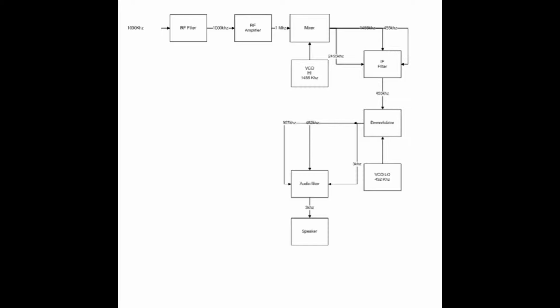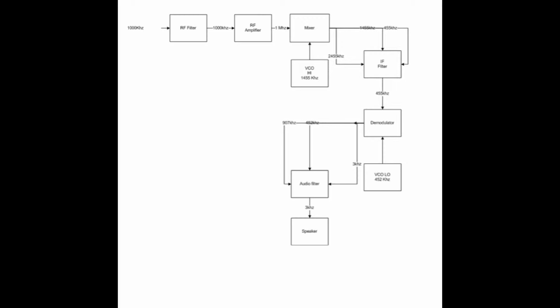As we receive it at the RF filter, it is then fed to the RF amplifier to amplify the signal. After that, it is fed to the mixer, where it is mixed with the VCO high oscillator at 1455 kilohertz.